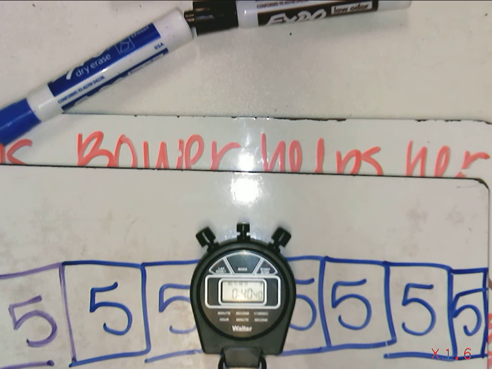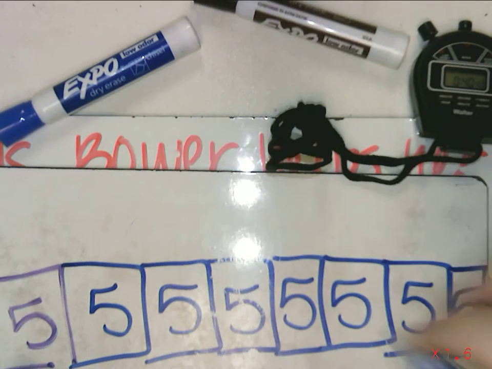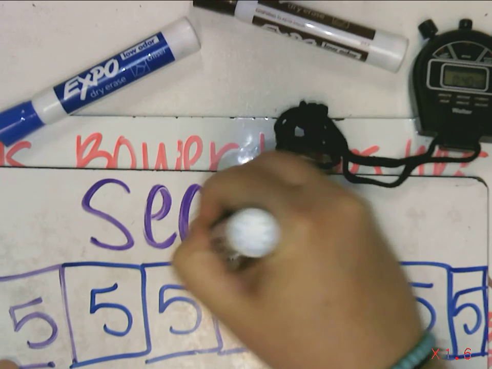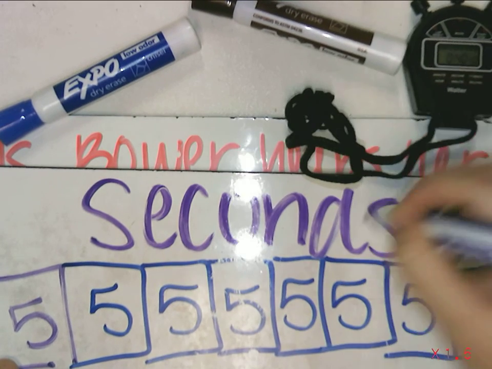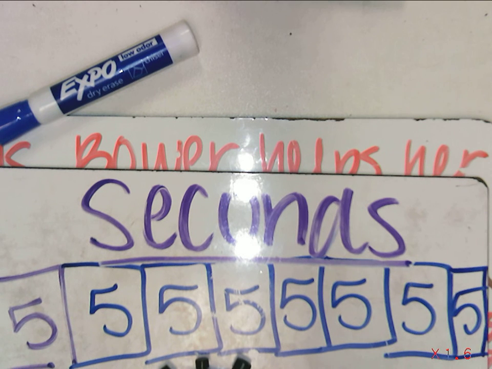So seconds are a unit of time. Okay, I'm going to write that word down for you so you understand that seconds, this is the word seconds, they are a unit of time. All right? What other things might we measure using seconds?